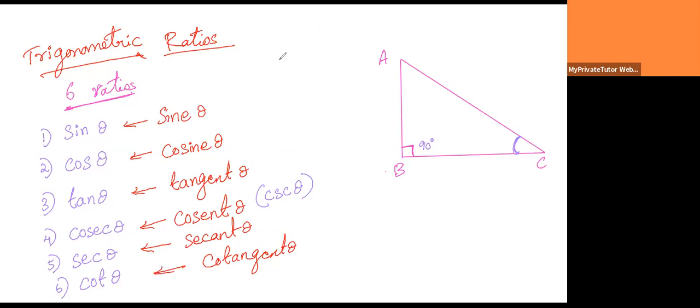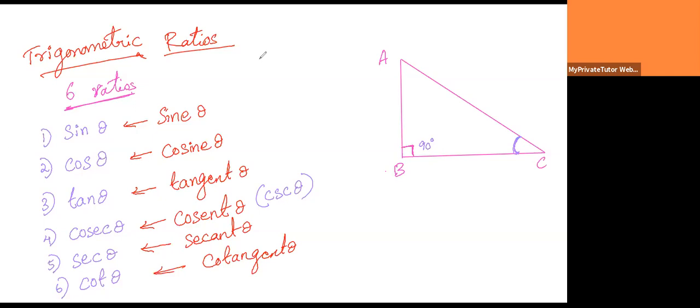Okay, so how do we find these trigonometric ratios, and why and when do we use them? By using these trigonometric ratios only, we are going to proceed further in trigonometry, because each one of these angles depends on a relationship between that angle and the sides of a right angle triangle.